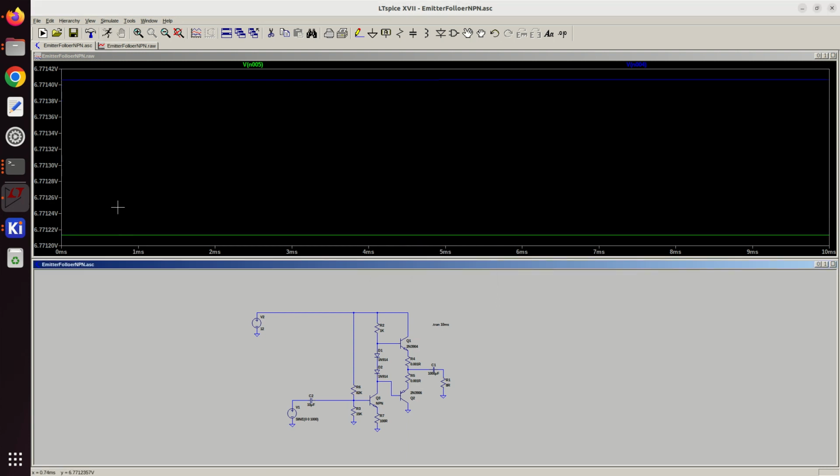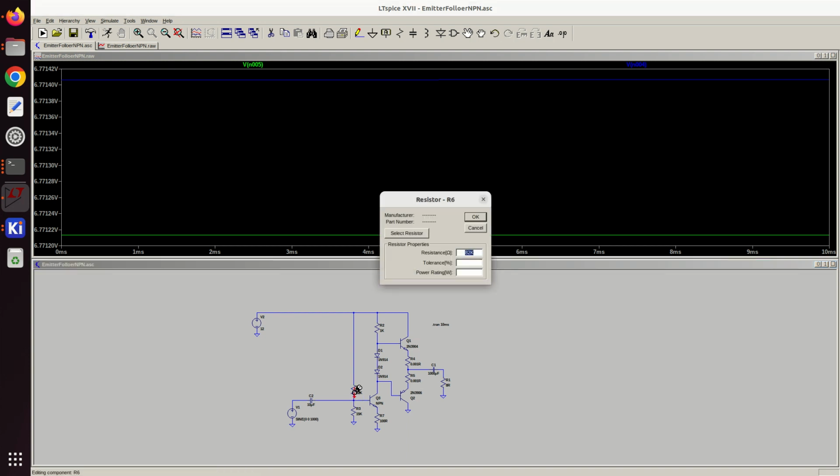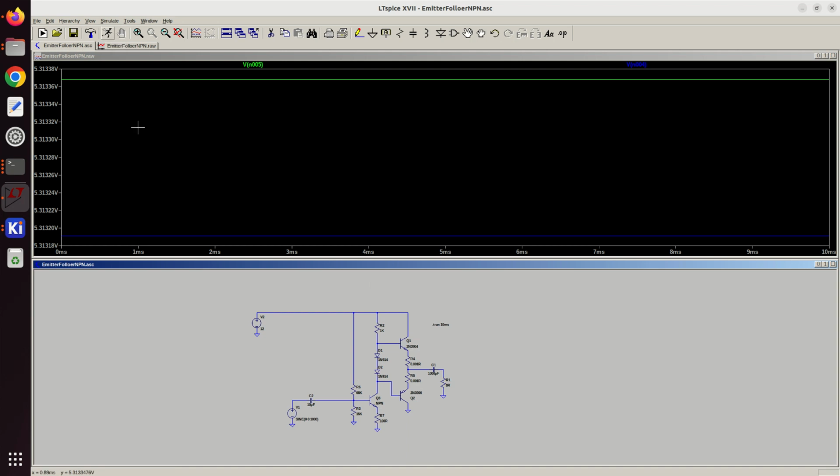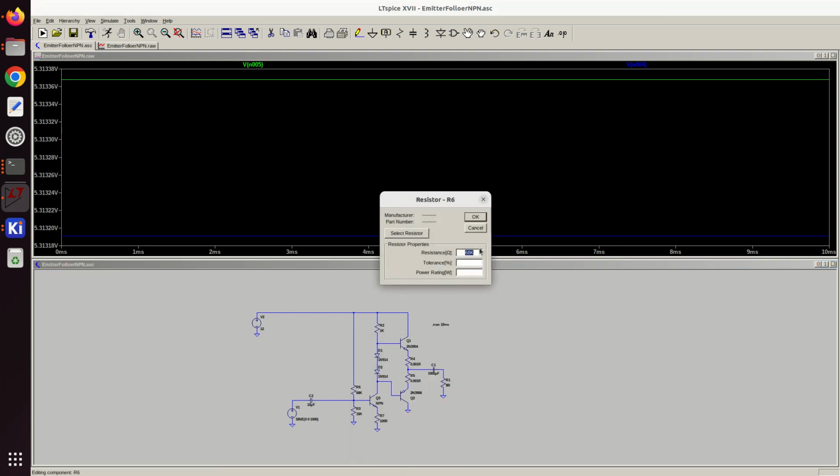Okay, so we're starting to get into the right zone. So let's make this 68k. Okay, so that's a bit low. So we go back to what did I have it at? I think it was 82.